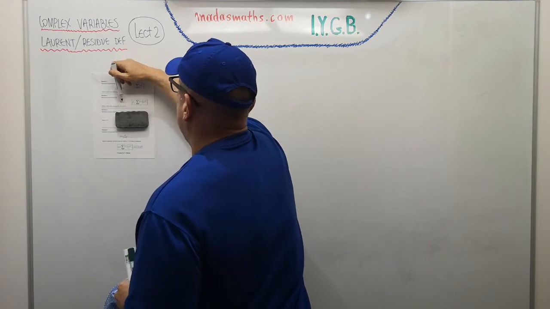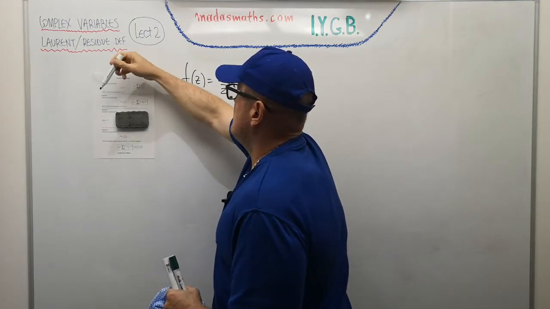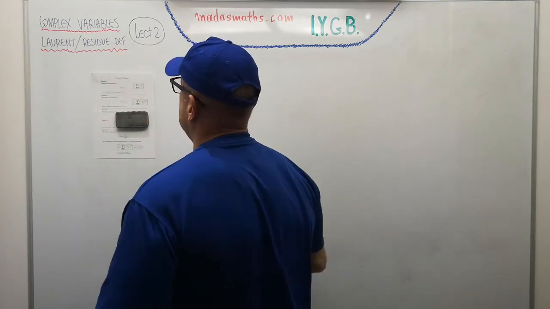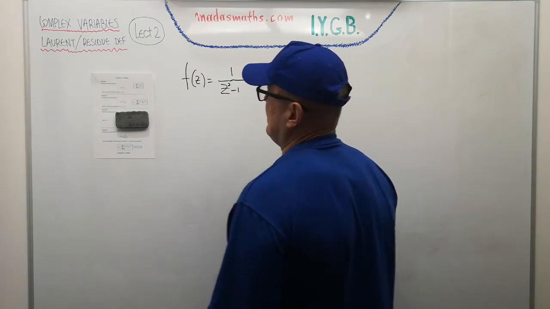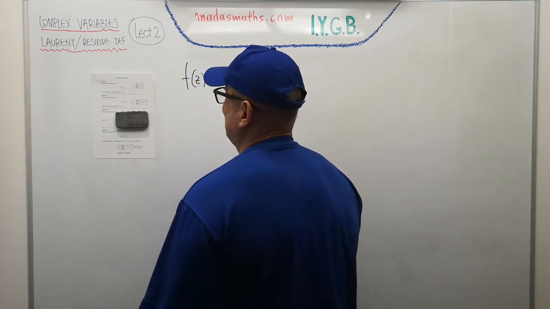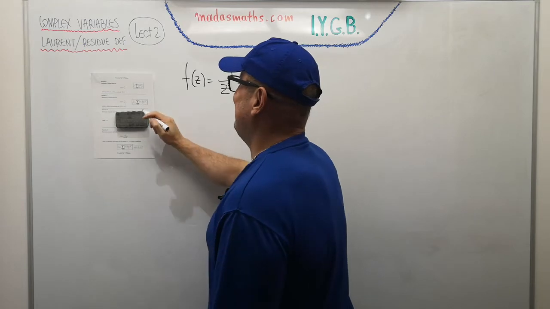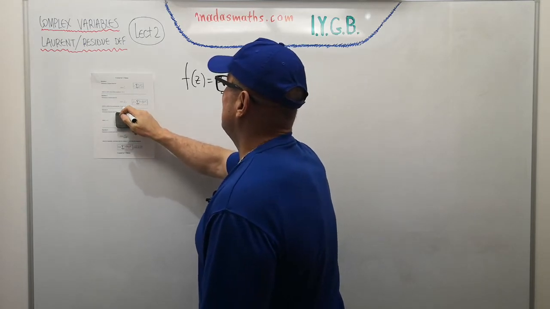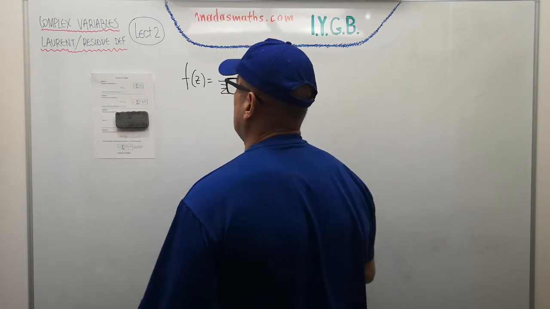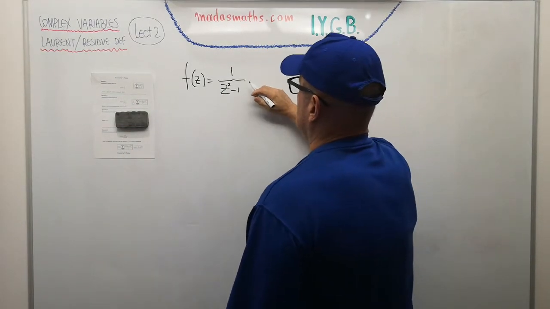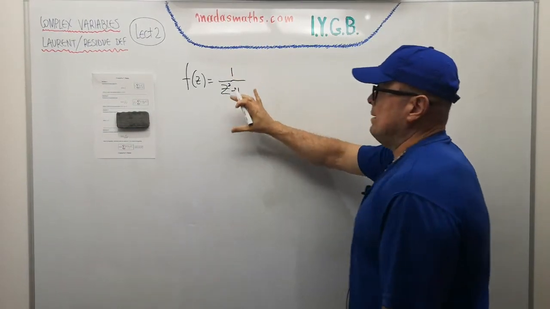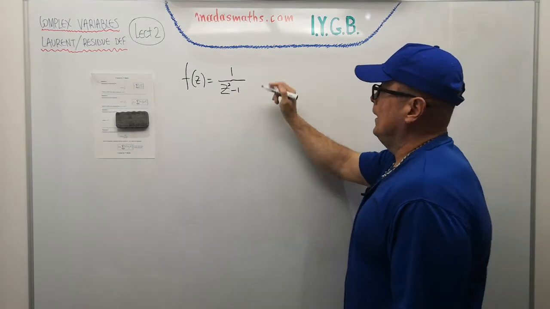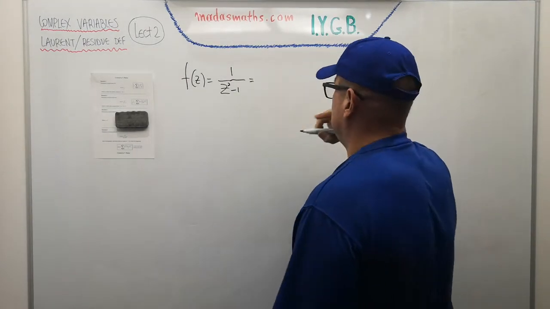Determine the Laurent series for f of z equals 1 over z squared minus 1, which is valid in the punctured disk. I don't want to talk about punctured disks. It's just a little technical thing I'll explain. Mod z minus 1 lies between 0 and 2. So let me just explain a little bit about this particular function before I do anything, the choices that we have.